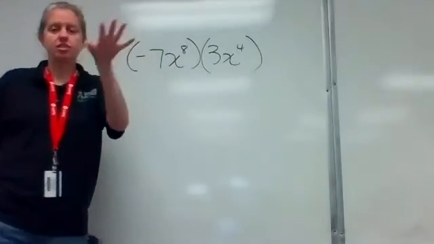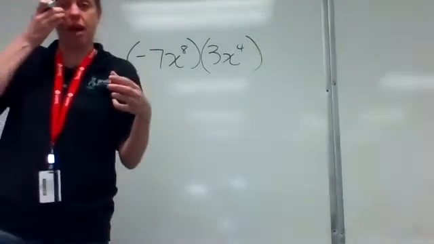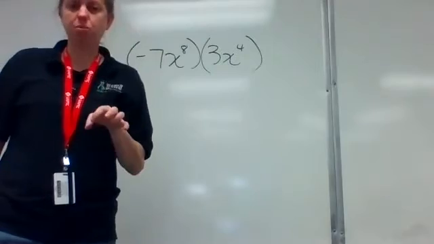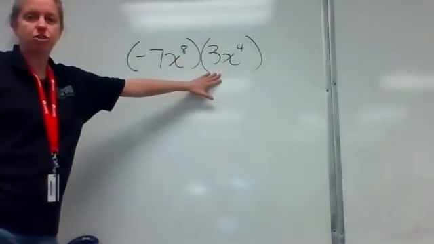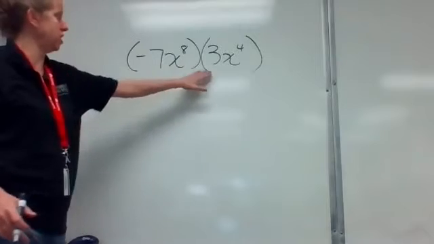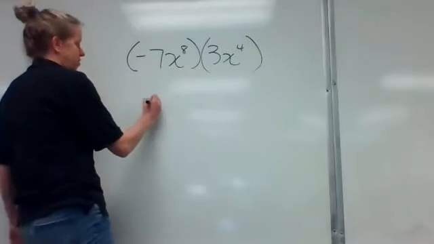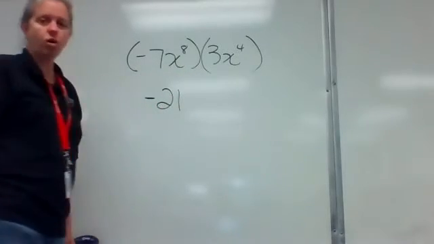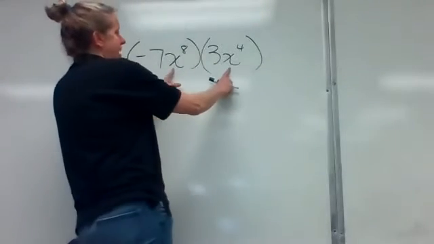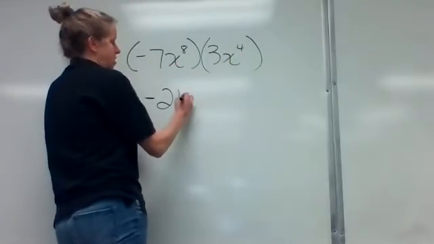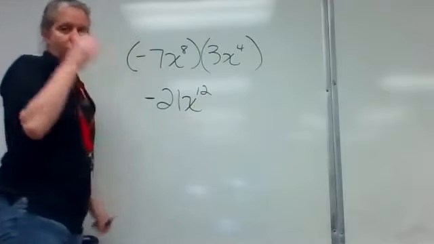Now remember that the exponent rules just apply to exponents. You're still multiplying, so I'm still multiplying negative 7 times positive 3 here. Just like always, negative 7 times positive 3 gives me negative 21. Since I'm multiplying these x's together, that just means I'll add those exponents, which gives me x to the 12th.